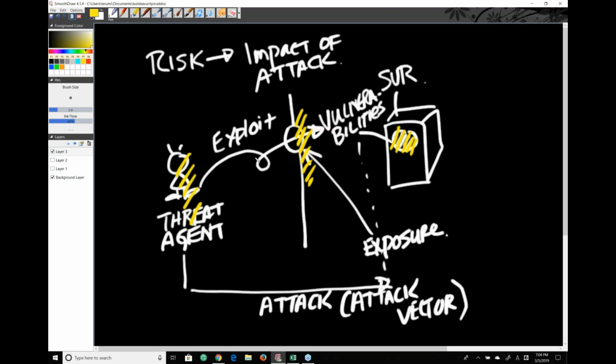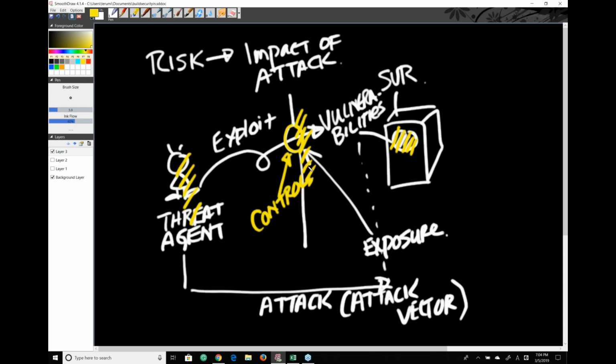So that means we can't really go after the threat agent. What else can we do? We could try to reduce as much as possible the exposure of your vulnerability to the threat. And whatever you do to reduce the exposure is a control. Like a firewall is a great example.